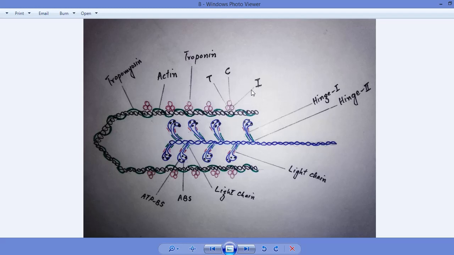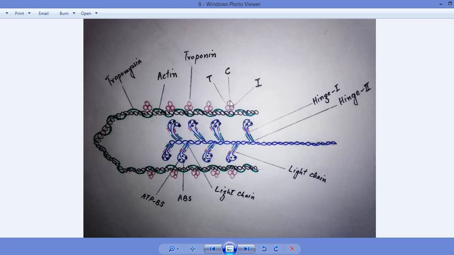The troponin I is responsible for the attachment of troponin with the actin, and the troponin C is responsible for the attachment with calcium ions.